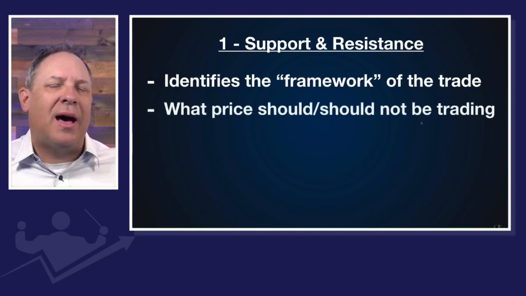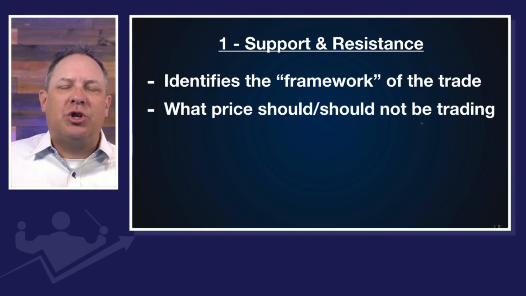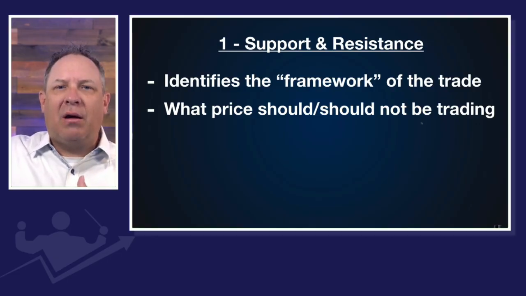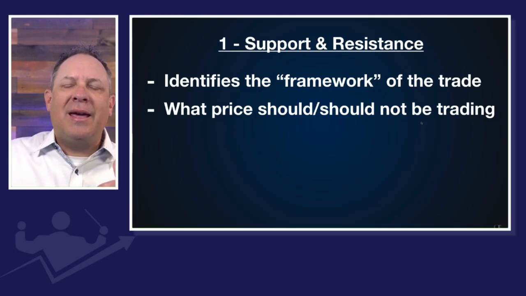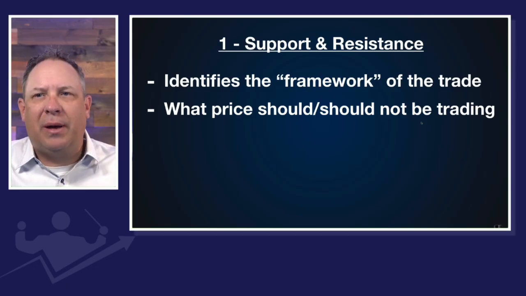We're looking to identify what price the trade should be trading at or should not be trading at. If we can identify where the trade should go, it should be up here, it should be down here, or it should not be here, then we're starting to get an idea of the boundaries of where the price should be.